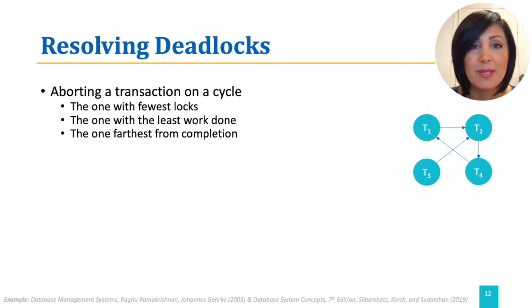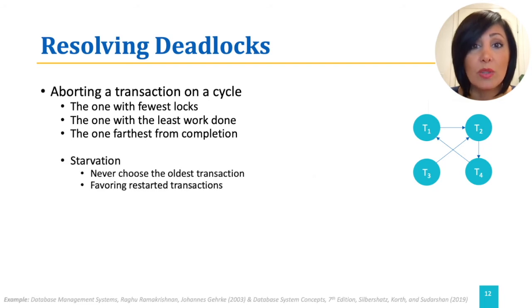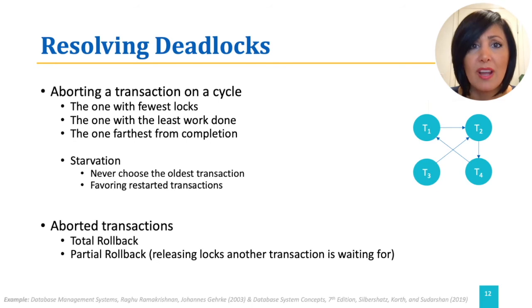To prevent possible starvation, we try to avoid aborting oldest transactions, and also favor the transactions that have been aborted and restarted again. The aborted transactions can totally roll back, or if possible, roll back to the point that they can release the lock that has caused the deadlock.